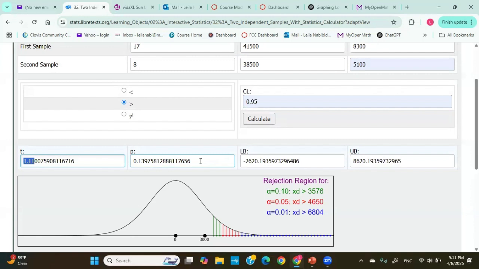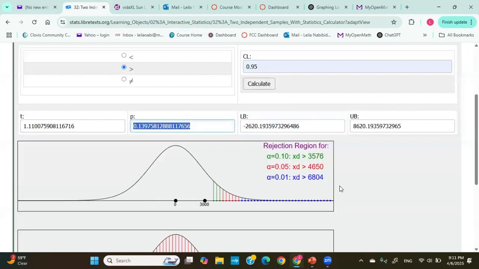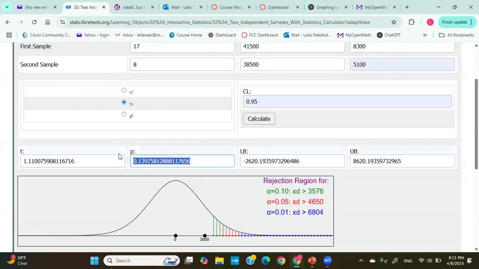And whenever we have a p-value, to make our decision, we compare the p-value with alpha. Alpha was 5%. If the p-value is less than or equal to alpha, we reject. If it's more than alpha, we fail to reject. In this example, the p-value is more than 5%. That means you fail to reject the null.